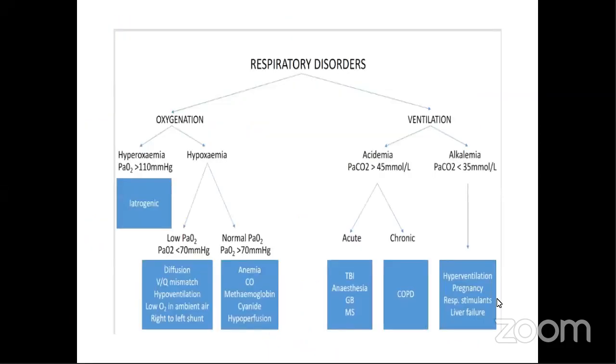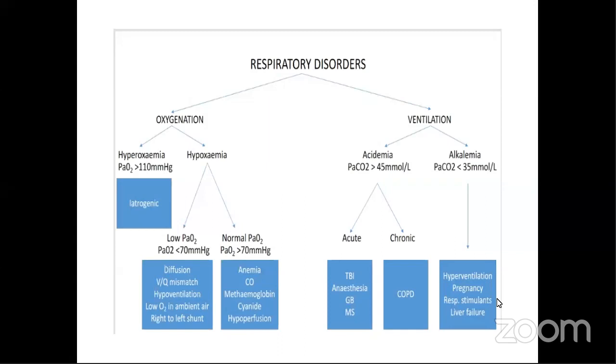So this is a nice algorithm regarding the respiratory disorders. So respiratory disorders, they are classified to oxygenation and ventilation disorders. Oxygenation disorders include hyperoxemia and hypoxemia. Hyperoxemia is almost always iatrogenic, and it's very easy to overcome with controlling of oxygen supplementation.